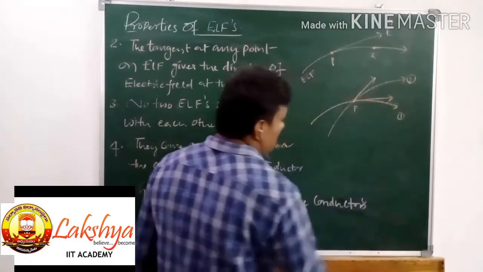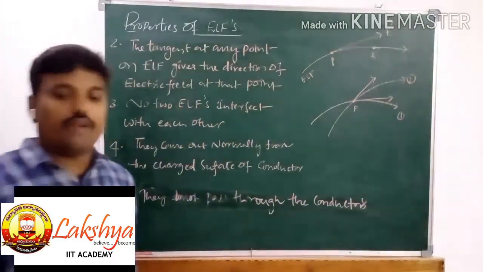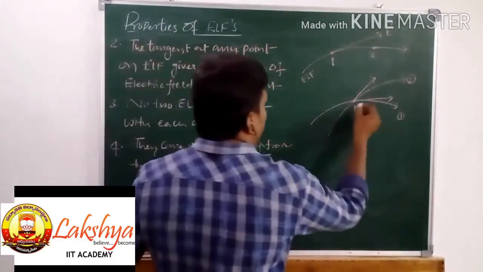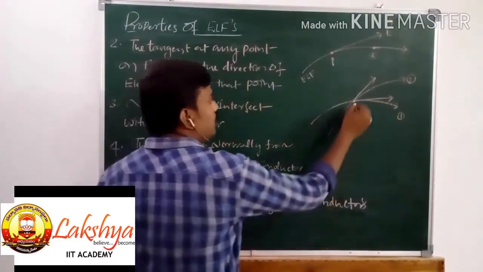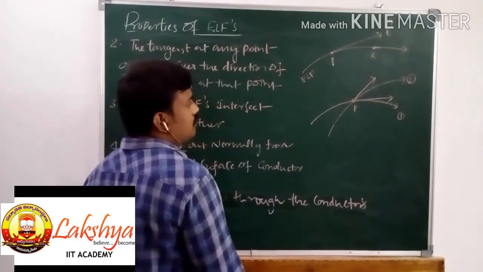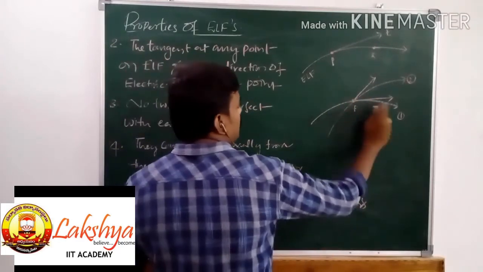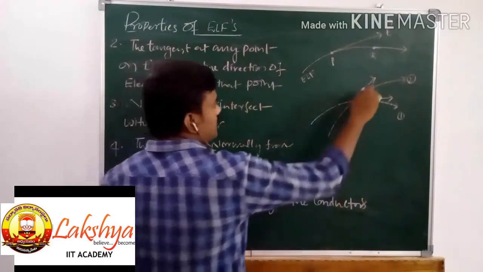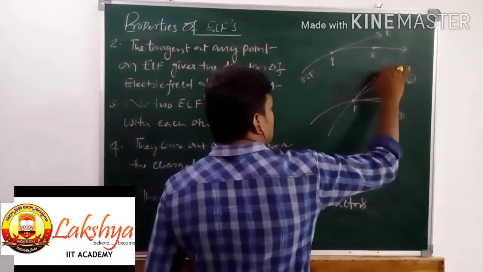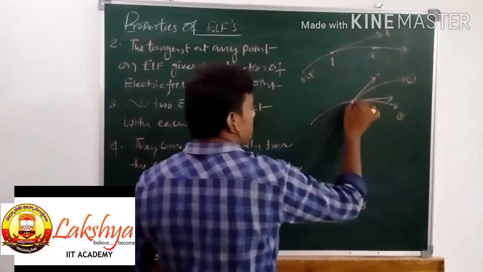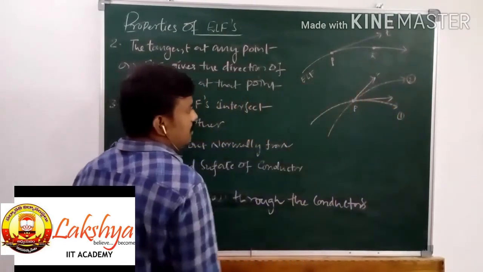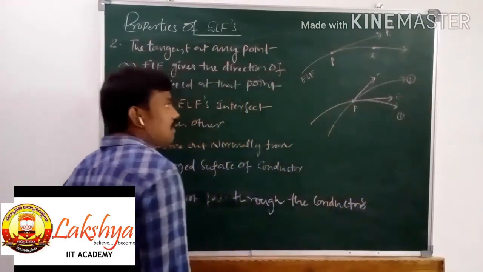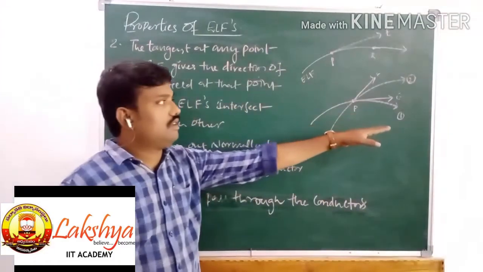Are you able to understand? Just look once again. If you take the tangents for these two ELFs at point P, we will have two tangents, one according to this ELF and one according to this ELF. So this is the direction of the electric field at point P, and this is also the direction of the electric field at point P. This is something wrong.